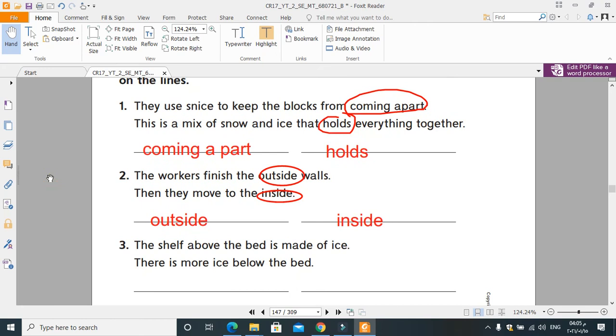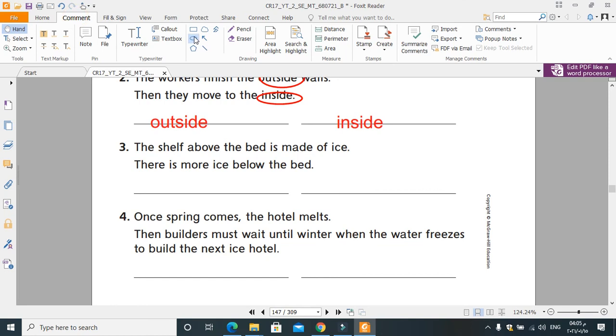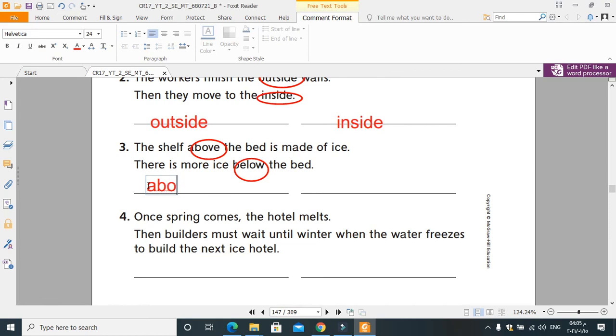Number 3. The shelf above the bed is made of ice. There is more ice below the bed. Yes, that's great. Above, this means on, and below, this means under. So write the two words on the line, above and below.